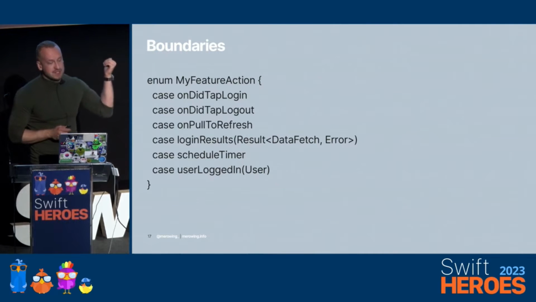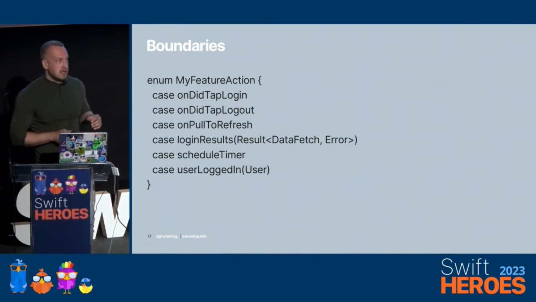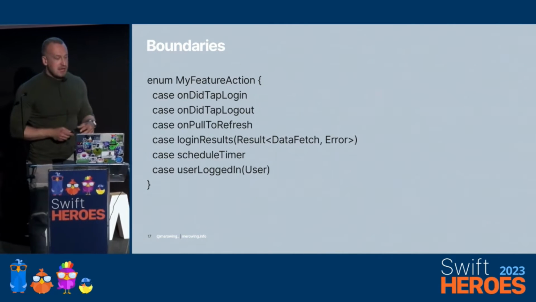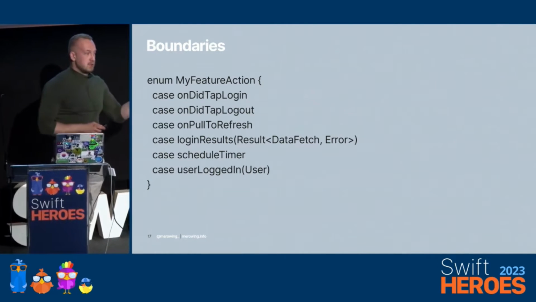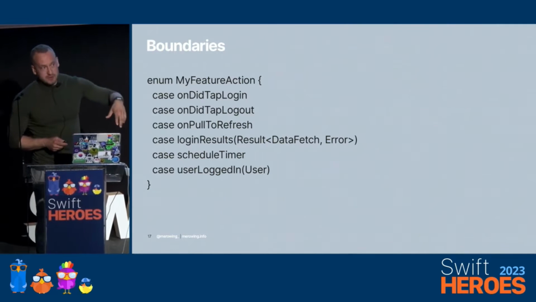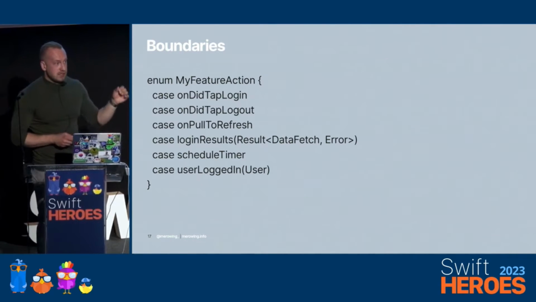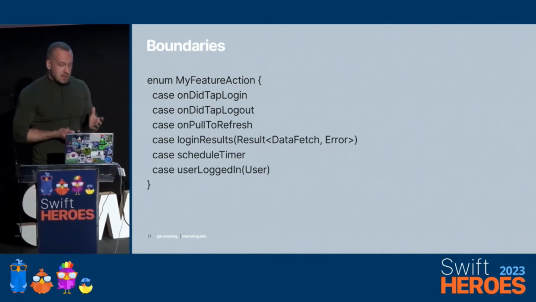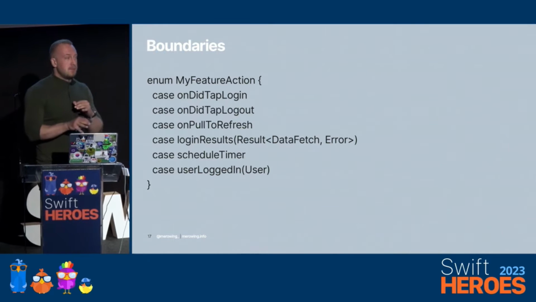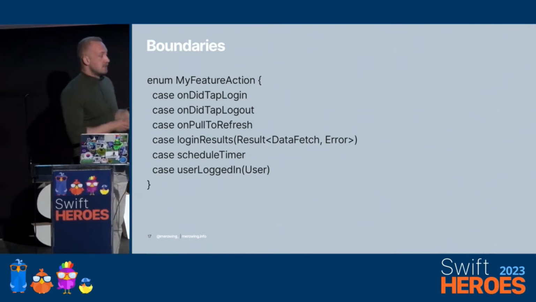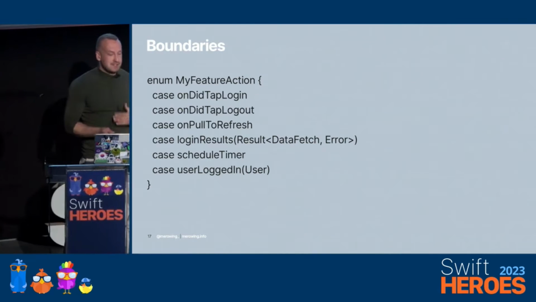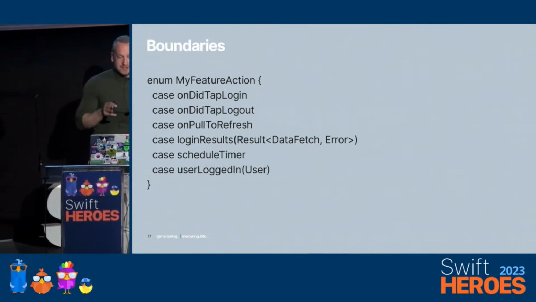Most people write actions like this, where you have a convention, for example, onDidSomething, which is a view action. And then you have things like loginResult, which would be something coming back from the side effect, as Shai showed, you do a network call and then you get the login result, or scheduleTimer. You can pretty much tell which actions are view-driven or private here, but this is just convention and it's a very simple feature.